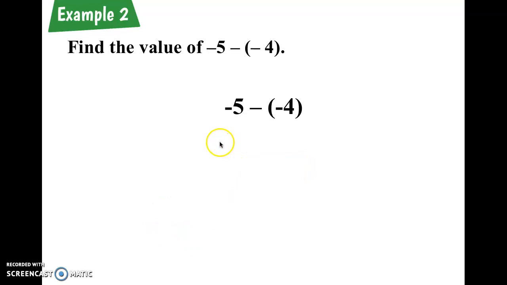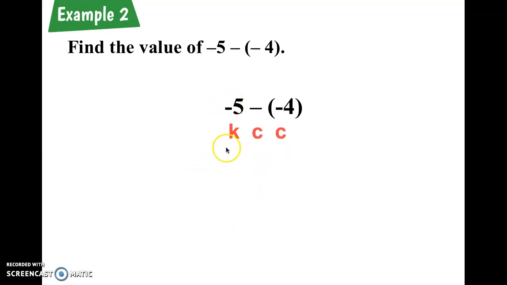The same thing is true of our numbers. If I'm taking away a negative number, I'm trying to take away that negativity and make it more positive. It might not be a positive answer in the end, but it's closer to the positive side of our number line. So we're going to keep, change, change here.